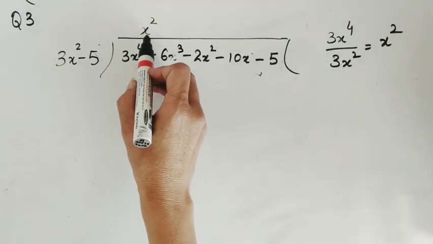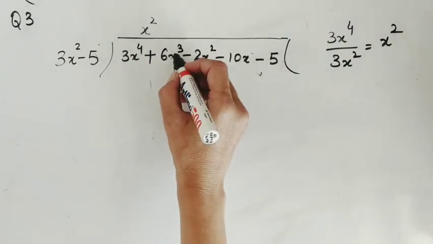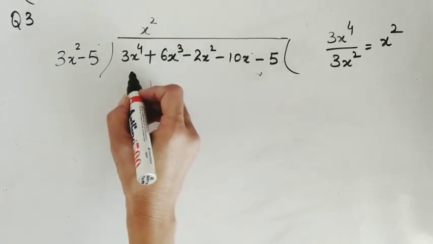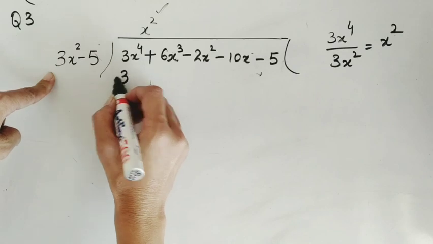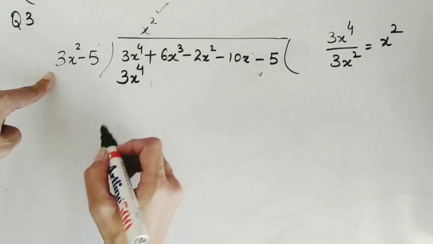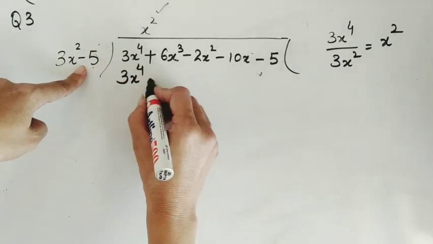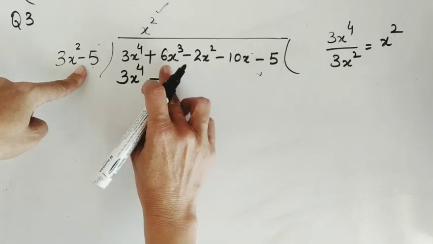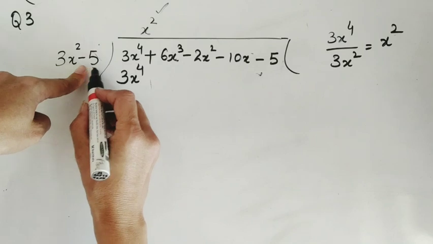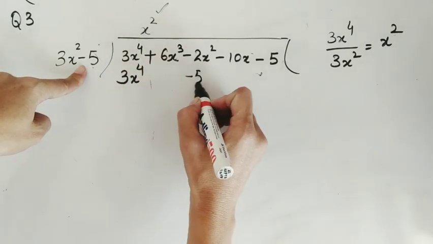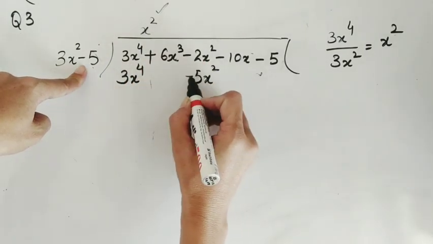So x square comes as the first term in the quotient. 3x square into x square. Let's now write these terms. This is 3x4. This would be minus 5 times x square. Where should I write it? Below the like term. So minus 5 times x square is over here.